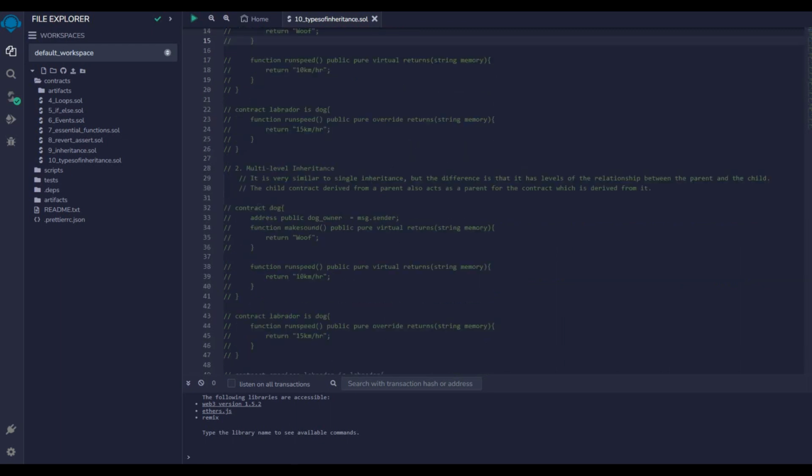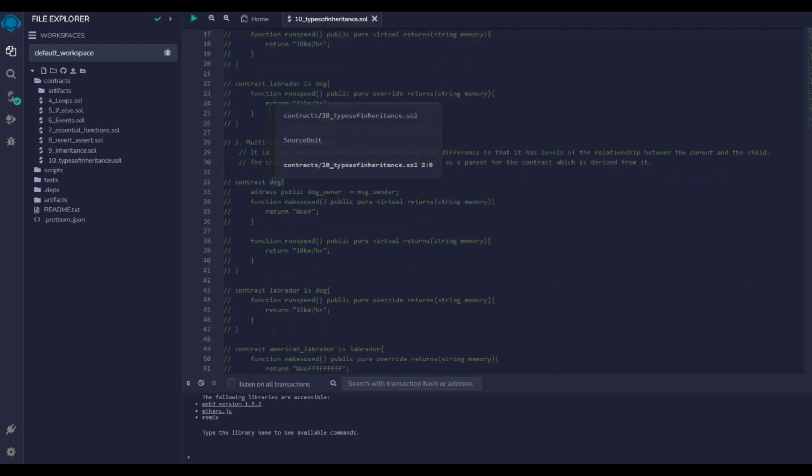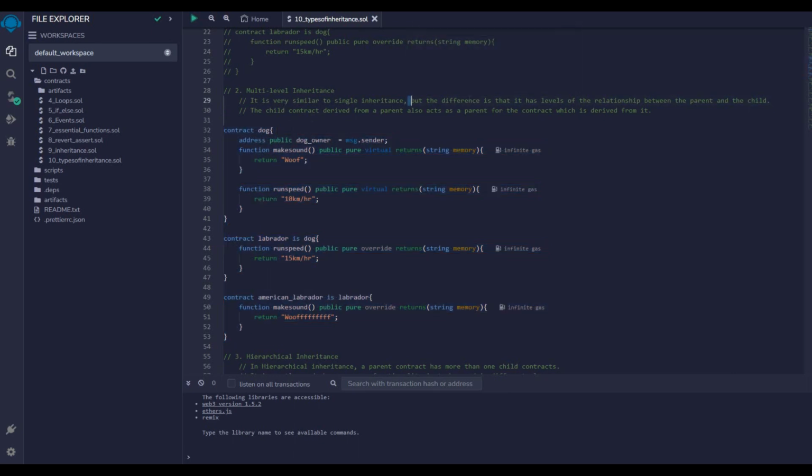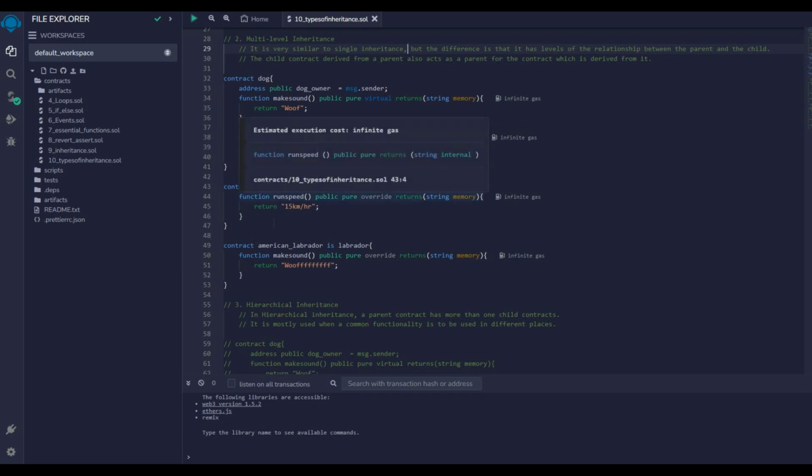Now let's move to multi-level inheritance. Multi-level inheritance is very similar to single inheritance, but the difference is that it has levels of relationship between parent and child, and the child contract derived from the parent also acts as a parent for the contract derived from it. Suppose the contract Dog is the parent, which has the functions make sound and run speed, and its child is a Labrador, which is overriding the run speed function.